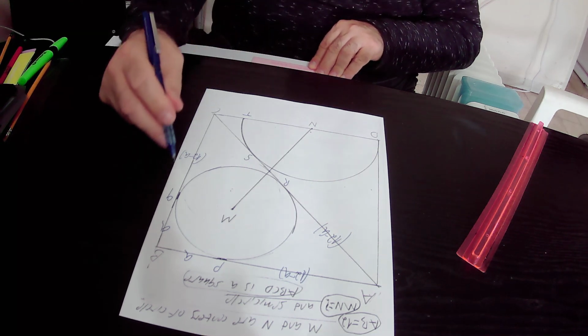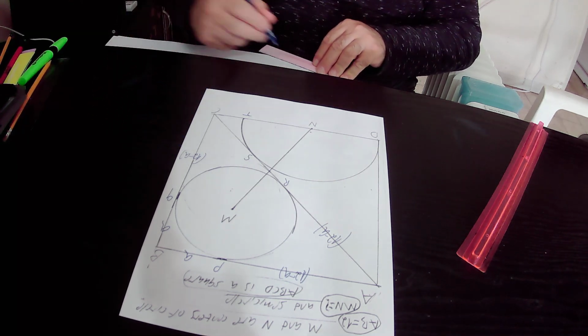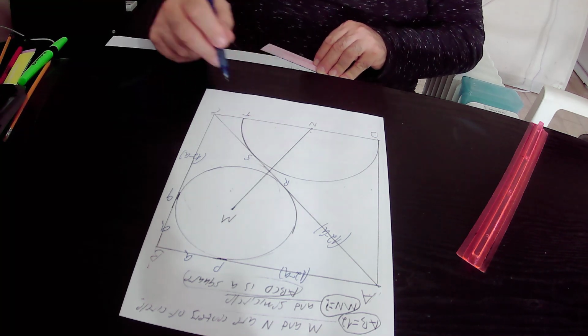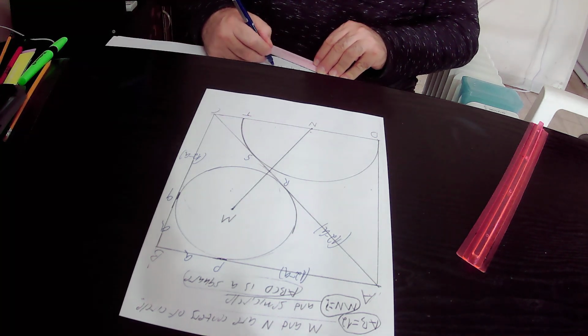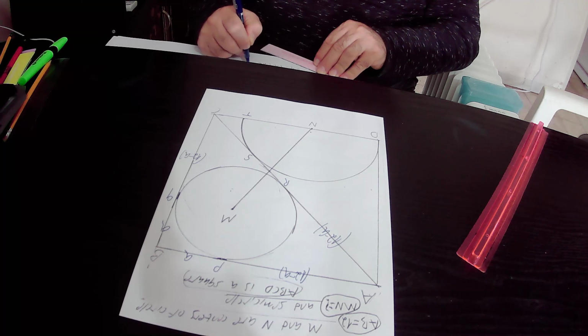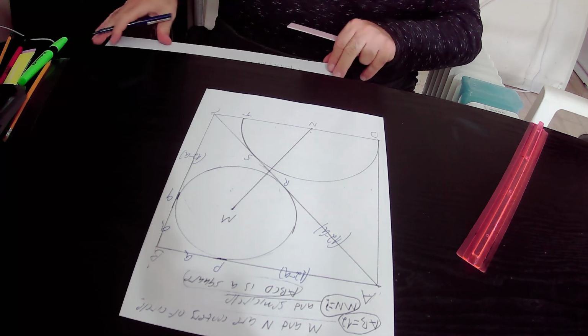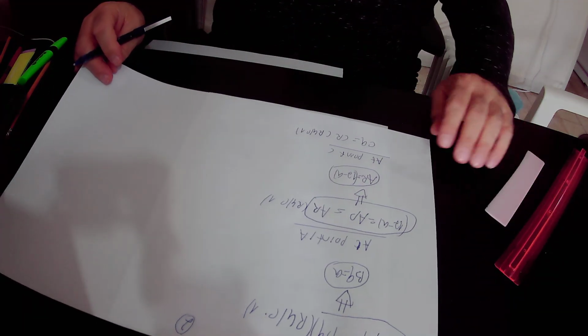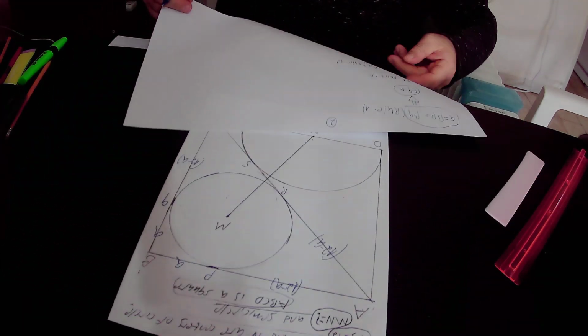The first tangent is tangent CQ, and the second tangent is tangent CR. According to rule number 1, the lengths of those two tangents are equal to each other. That is to say, CQ is equal to CR.